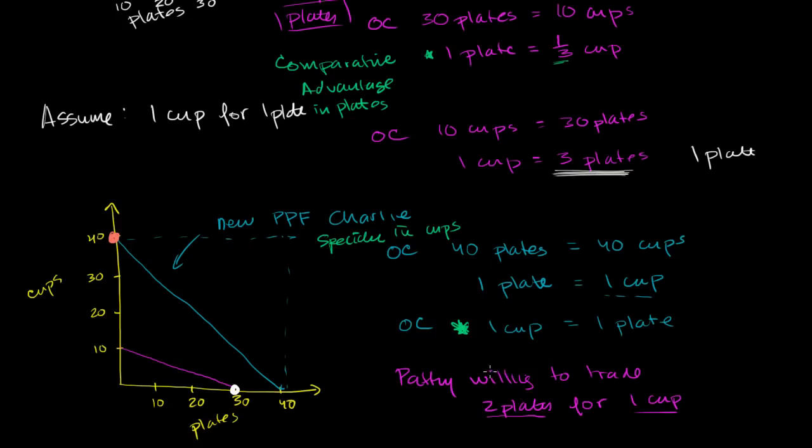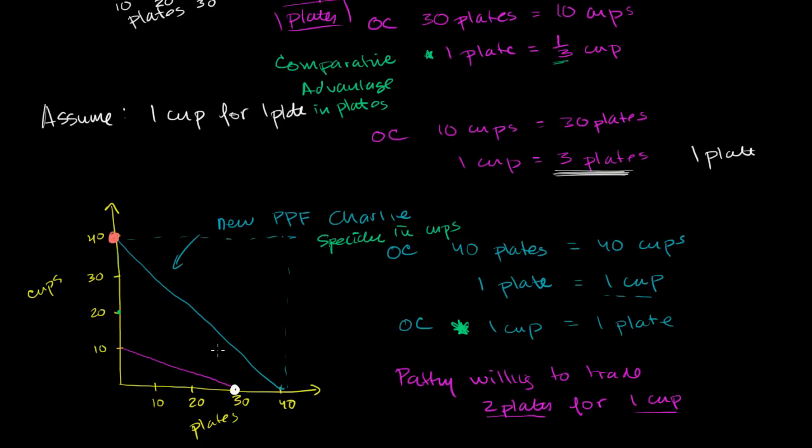And to see how that would improve things, he could have 40 cups right here, or he could trade some of them away. Actually, that's a bad example because Patty won't have enough cups.